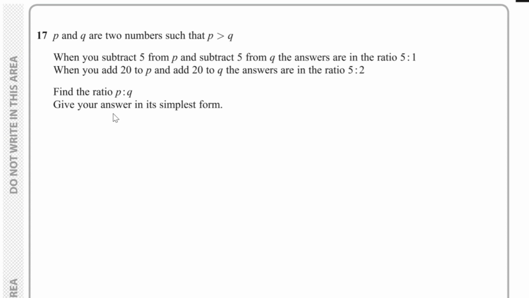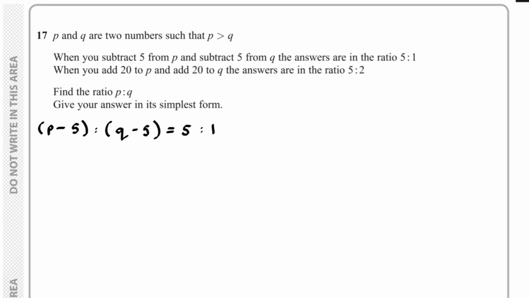So, first of all, if we take a look at the statement subtracting 5 from P and subtracting 5 from Q, we have P minus 5 to Q minus 5 equaling 5 to 1.